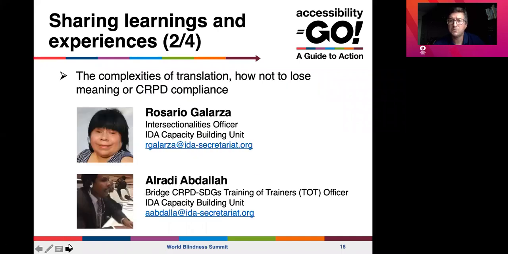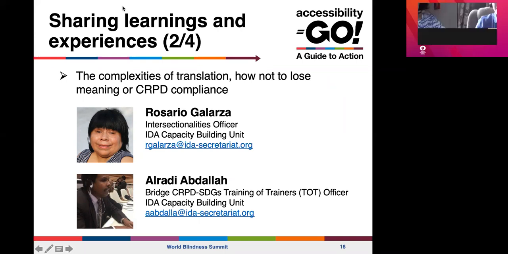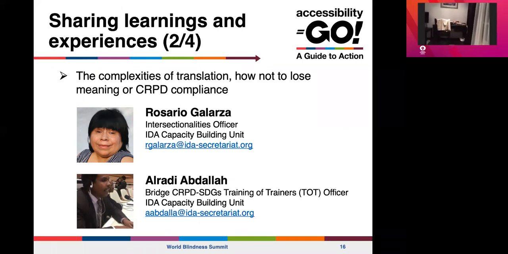Now I would like to move to a second round of panelists, and Cathy, if you would like to introduce Rosario and Alradi. Yes, I'd be delighted to, Ben. So delighted to introduce two of our bridge gurus. These are some of the people that have really been leading bridge across the Latin America and Middle East regions.